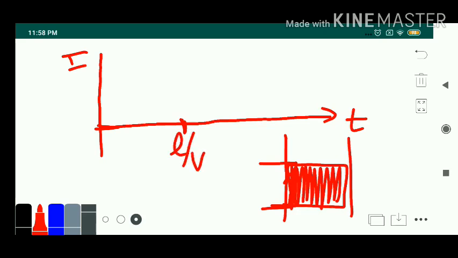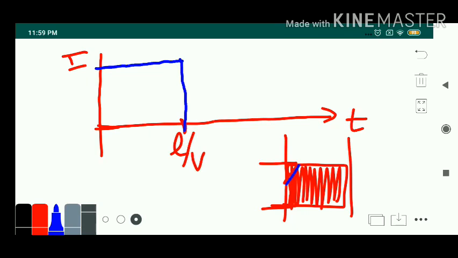Initially the current is maximum. Why? Because while it is entering, there is a change in flux, and during this interval the flux is gradually changing, so the current is there till L by v.